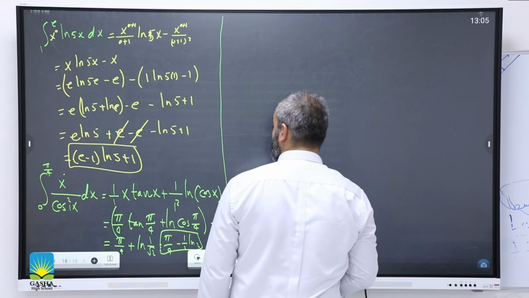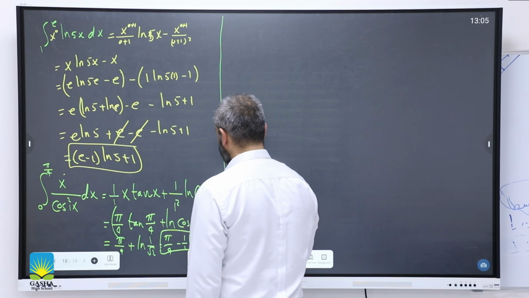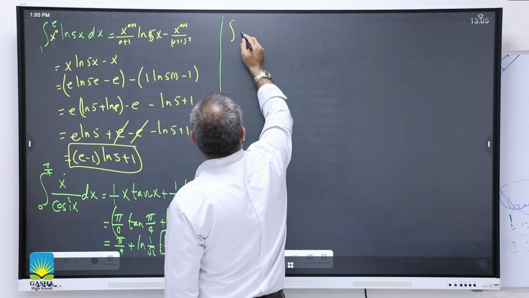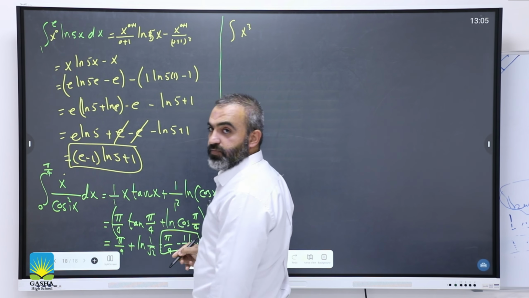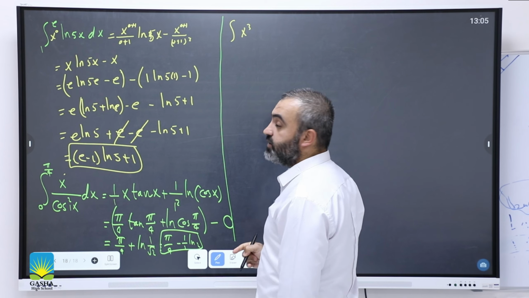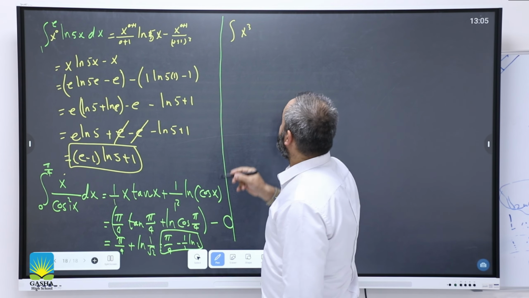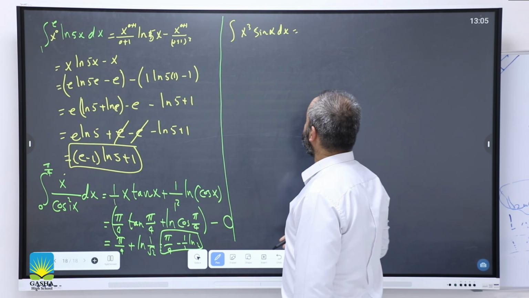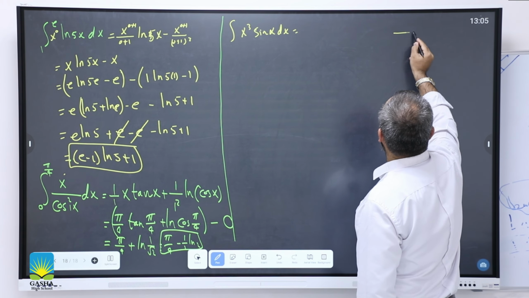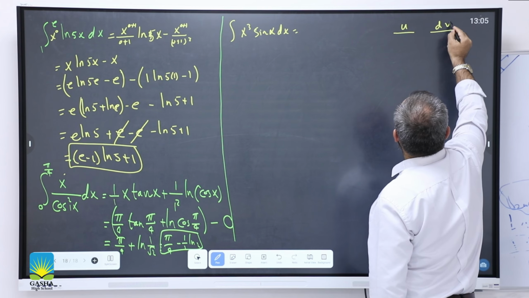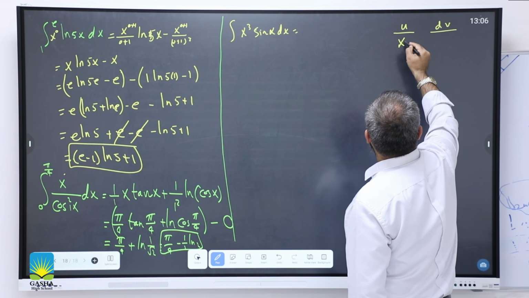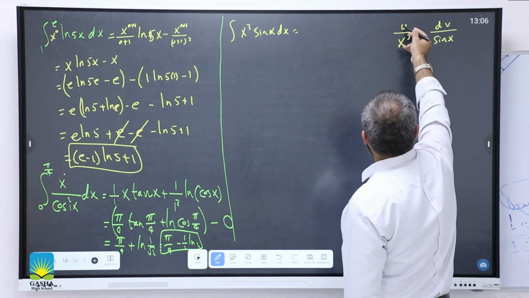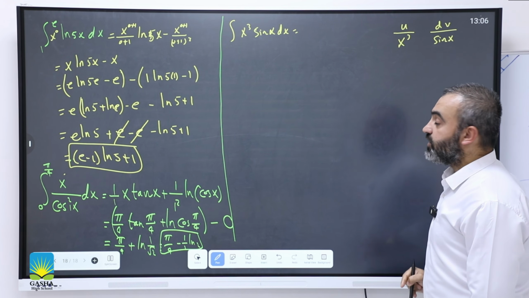And we're going to another example, integration by parts. Integral of x to power 3 sine x dx equal to what? We have u here and dv here. We have u as x power 3 and dv as sine x. We take the derivative of u and the integral of dv.